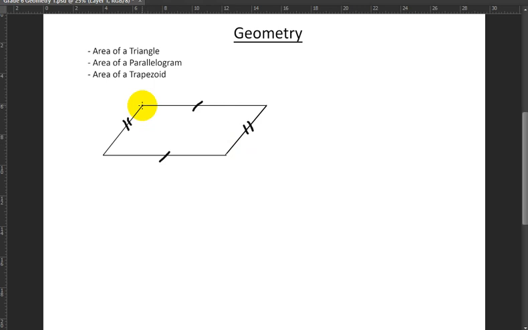And again, as before with the triangle, we care about the height of the parallelogram, which means the distance from one of the top corners to the base. This distance that I just created is the height of the parallelogram.